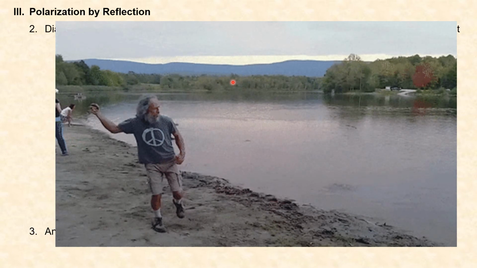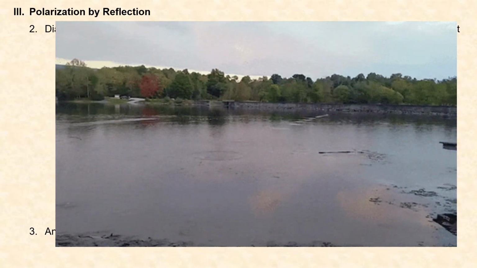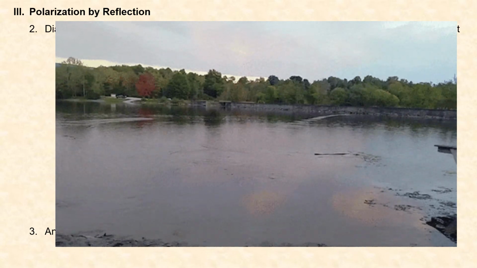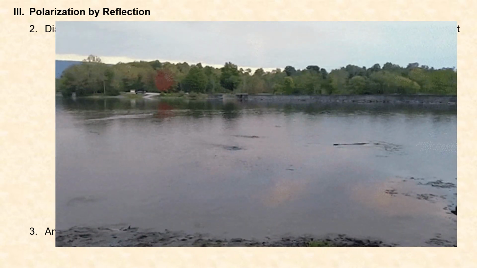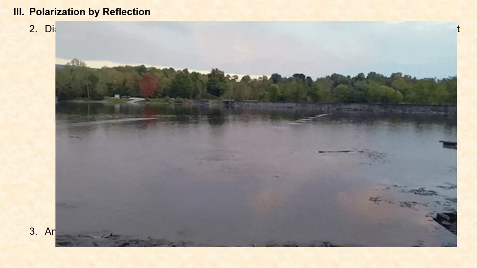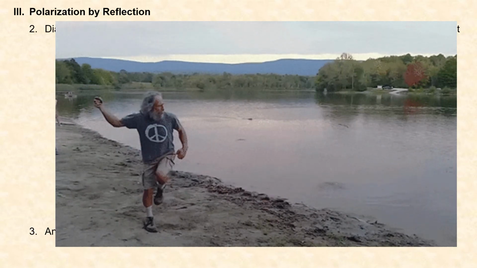Similar to the case of an unpolarized light beam which shines on the surface at a random angle, most of that beam's energy is just going to get transmitted right on through.